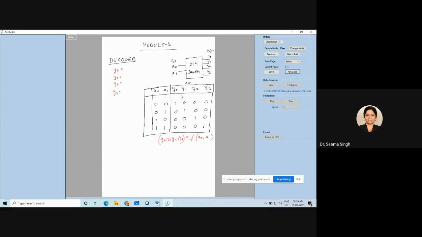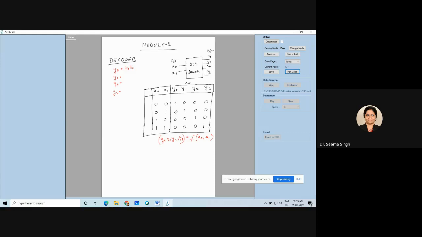So now Y0 is your output, and A0 and A1 are the input. So what will be the equation of this Y0? A0 bar, A1 bar. Correct. It is A0 bar and A1 bar.